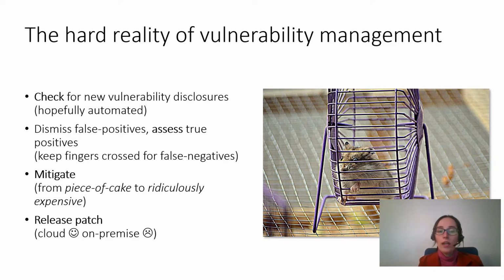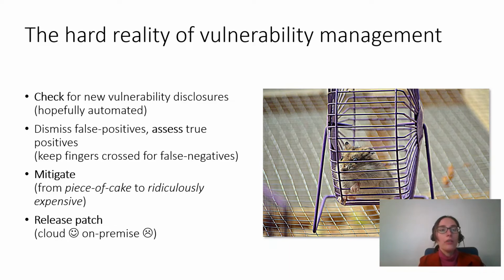So the hard reality of vulnerability management is that this is a continuous process that goes on and on. So what it requires is first to check for new vulnerability disclosures. That hopefully is an automated step. And then it requires to understand whether the found vulnerabilities are true or false positives, hoping not to have false negatives.